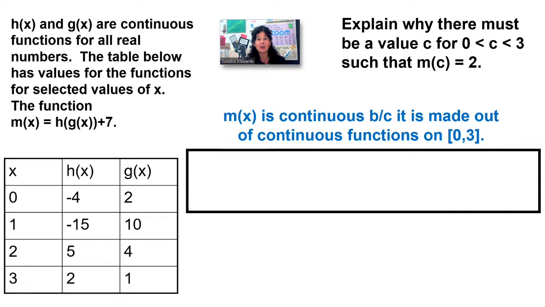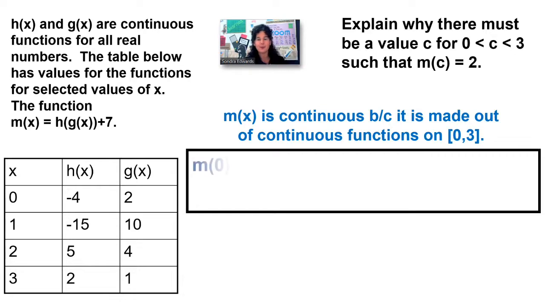And frankly, we're crossing our fingers because we're hoping that when we substitute 0 and 3, we get a height that is less than 2 and greater than 2. If we don't, then we're not going to be able to use the intermediate value theorem, and we will not be able to guarantee that there is some x equals c that gives me a height of 2.